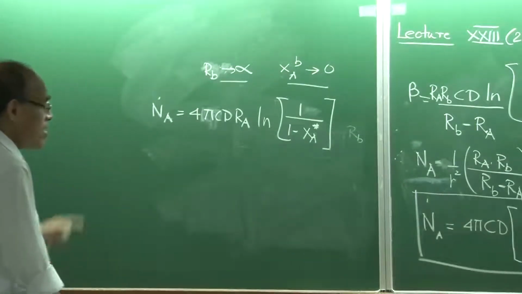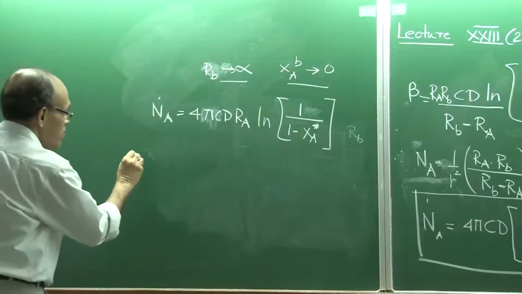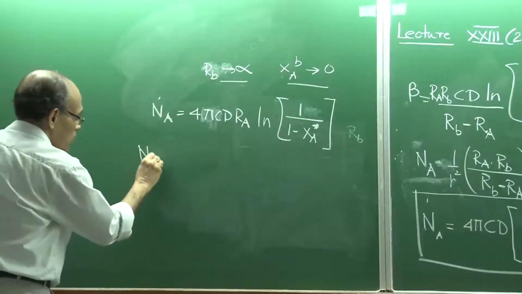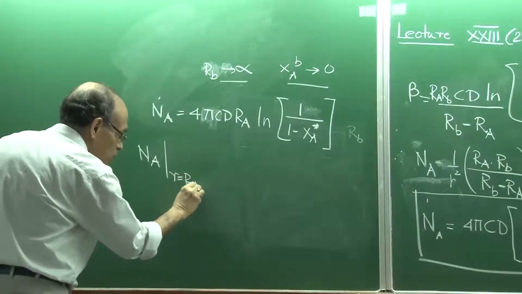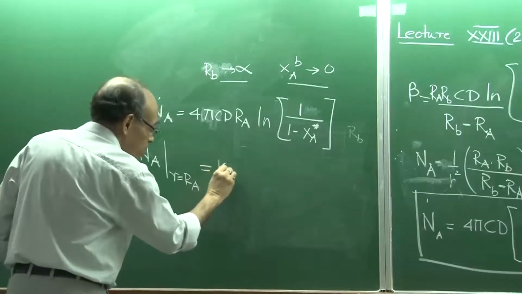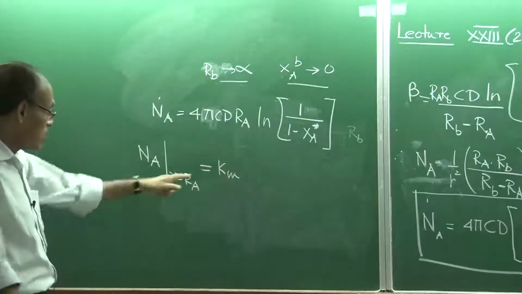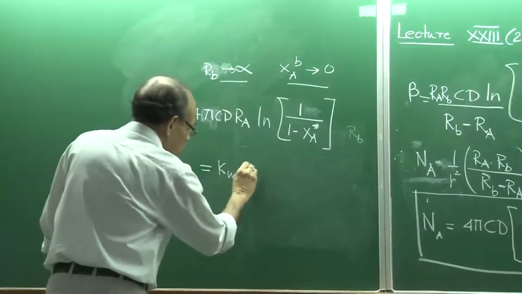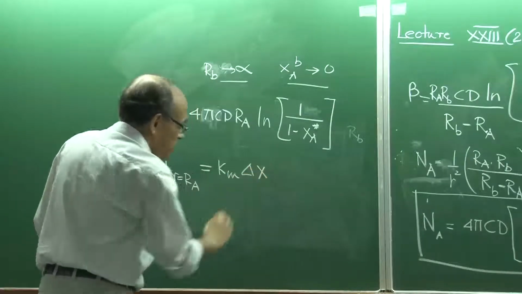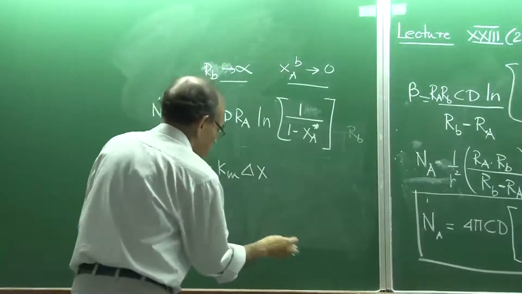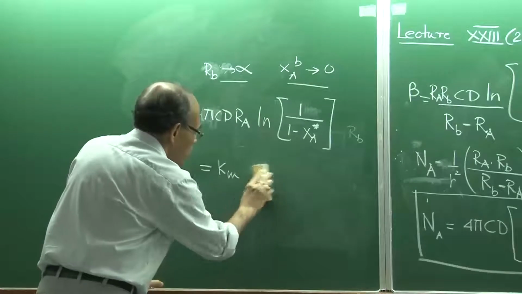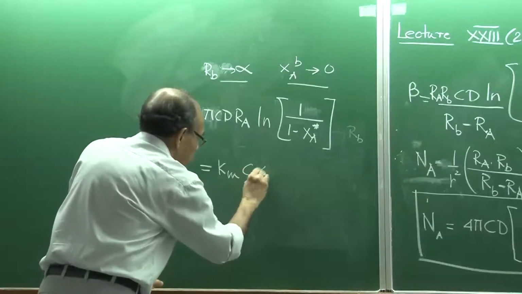Okay. Now, as I indicated, the flux Na at the surface R is equal to Ra can also be defined just like the way we have defined Nusselt's number: Km into delta x. And we can say that this Km, you write it as concentration, so it is Kmc into delta x.